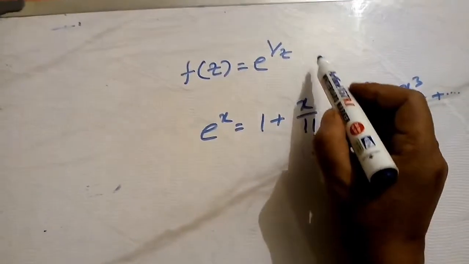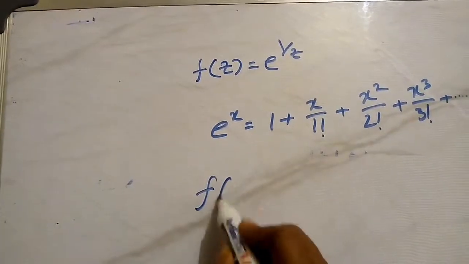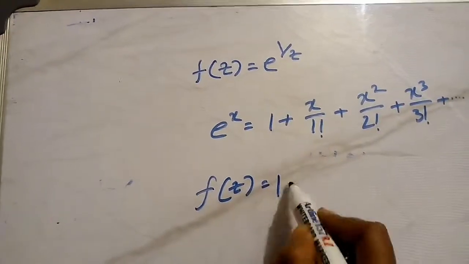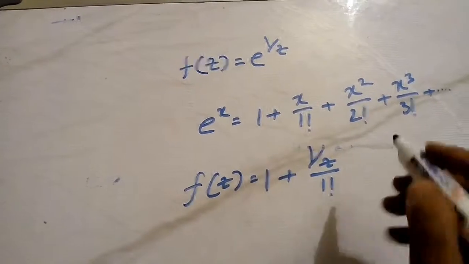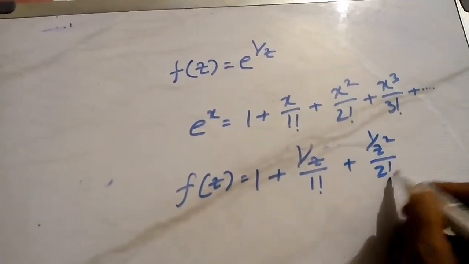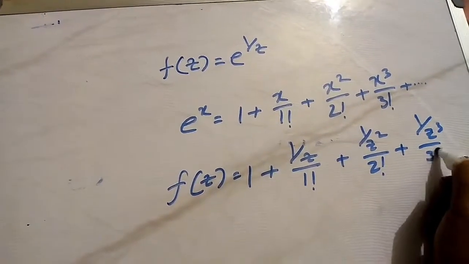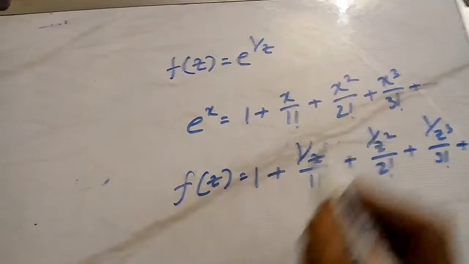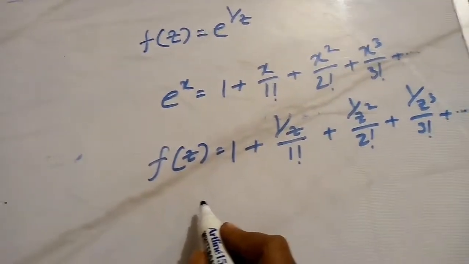If we consider 1 by z equal to x, then we write f of z equal to 1 plus 1 by z by 1 factorial plus 1 by z square by 2 factorial plus 1 by z cube by 3 factorial plus dot dot dot. Clear?